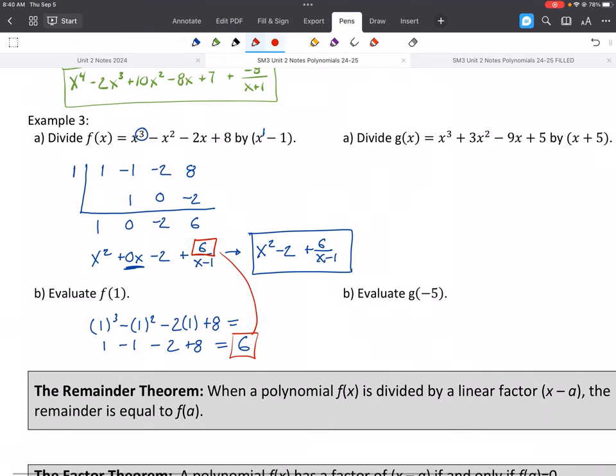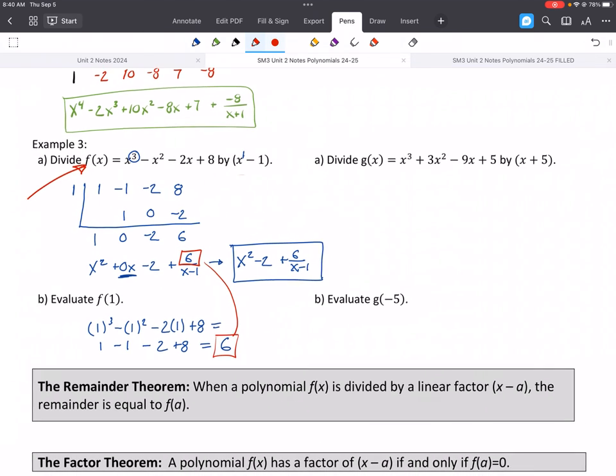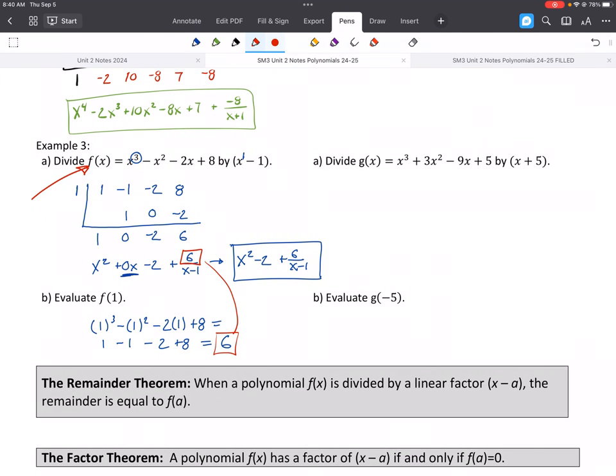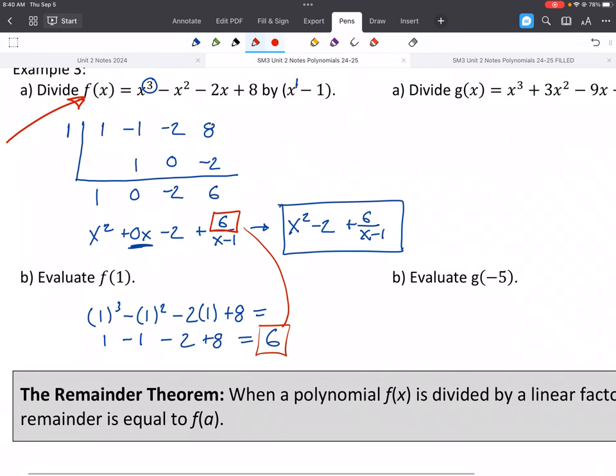It says when a polynomial f of x is divided by a linear factor x minus a, the remainder is equal to f of a. So that's what we did here. This is f of a, this is our x minus a, and this is just our f of x.